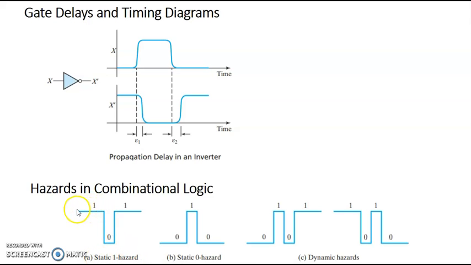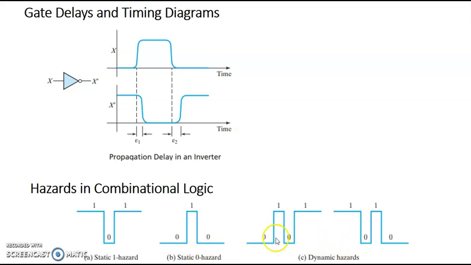We are expecting the output to be 1 always, irrespective of the inputs we provide. That's called static 1. It is a hazard because for some nanoseconds, because of the delay of the gates, it changes its output to 0. Static 0 hazard: constantly we are expecting a 0 output, but for a certain period of time there will be a change in the output. That is called a static 0 hazard.